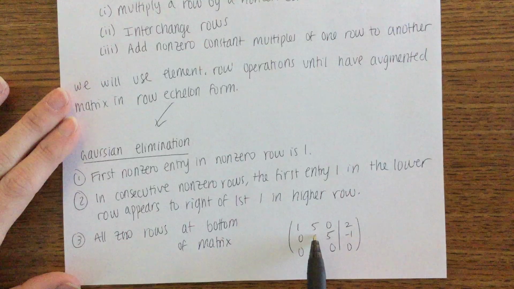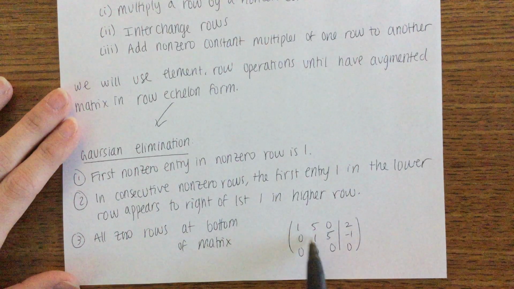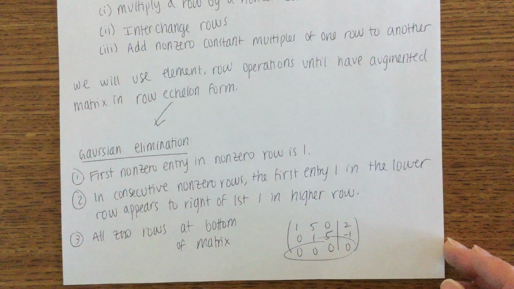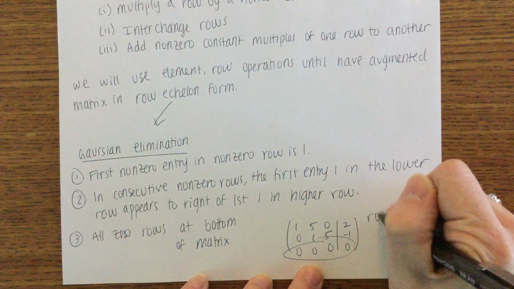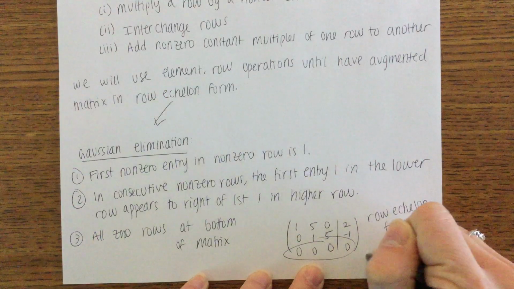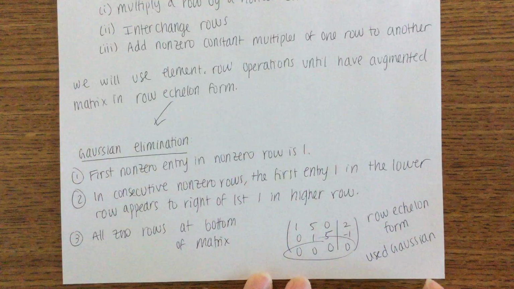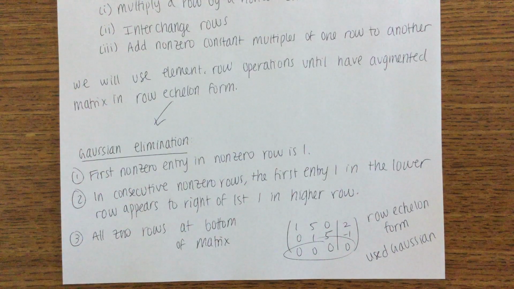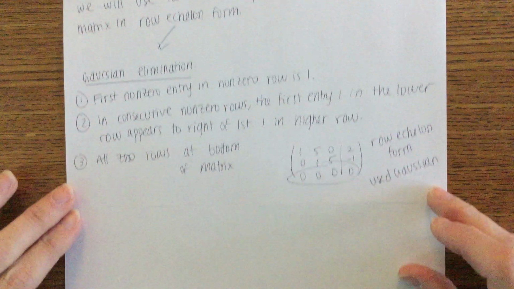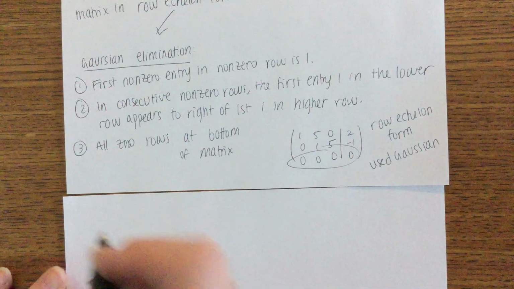So every first entry in the row has to be 1, unless it's a 0. 1s on the diagonal, 0s at the bottom. So this is called row echelon form. We would have used Gaussian elimination to get here. And we're going to do an example to show you how to get here.